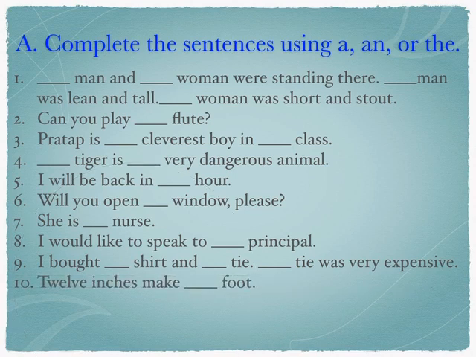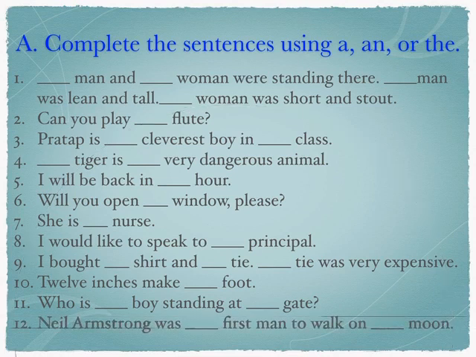So here, a foot. Who is dash boy standing at dash gate? Who is the boy standing at the gate? Neil Armstrong was dash first man to walk on dash moon. Neil Armstrong was the first man to walk on the moon.